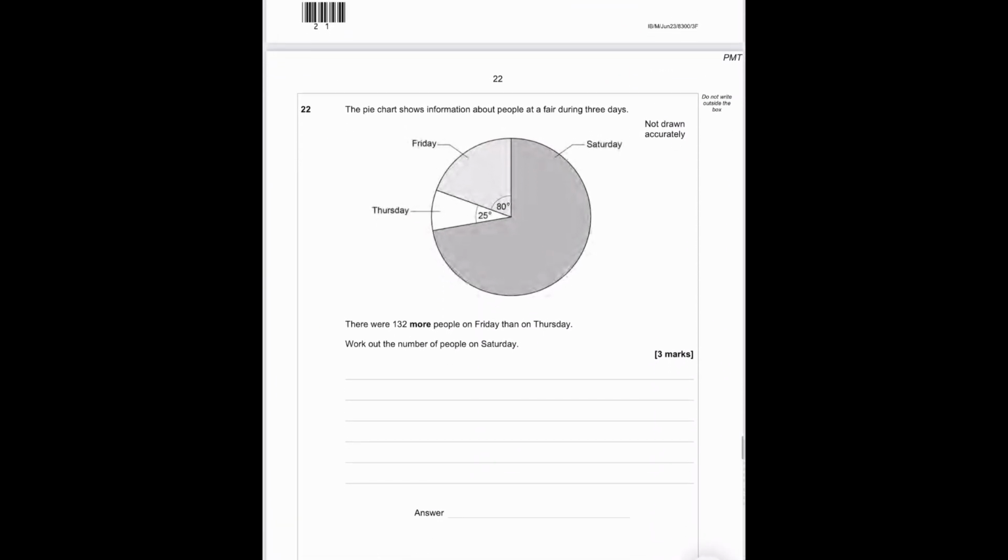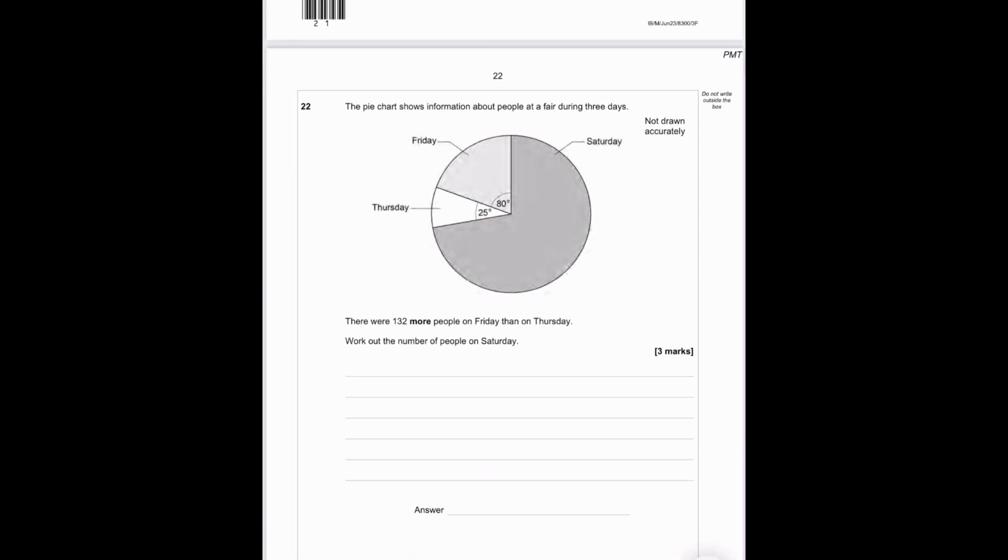The pie chart shows information about people at a fair during 3 days. There were 132 more people on Friday than Thursday. So we can see the difference between the angles. This one's 80 and this one's 25. So 80 degrees, take away 25 degrees is 55 degrees. And that represents 132 people.